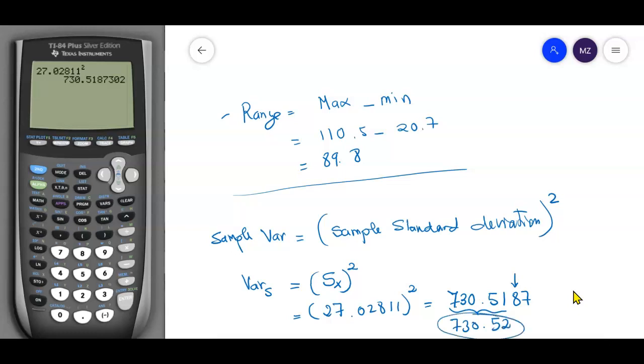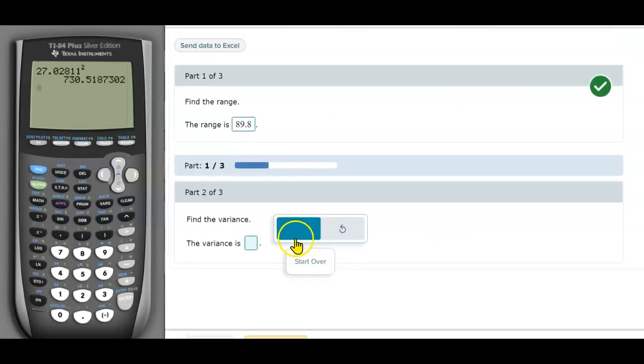All right, so this is your answer, 730.52. So let's verify it. 730.52, verify it, check it.